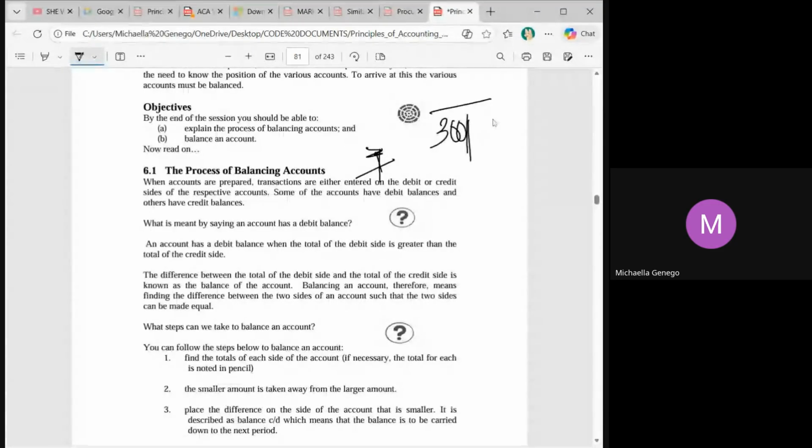That's the debit side. This side is going to give you 200 after recording all your transactions. So now there's a difference between the credit and the debits in the same account. So how do we balance off the account? We have to add 100 here, or am I lying?